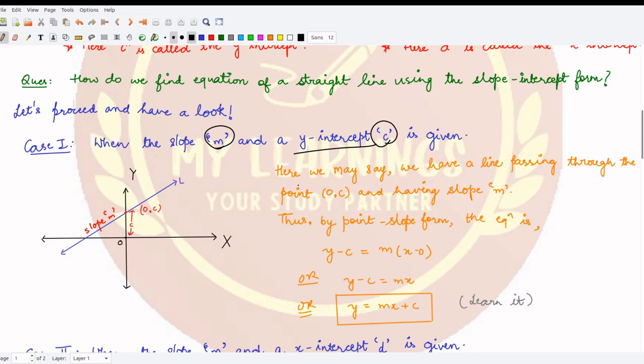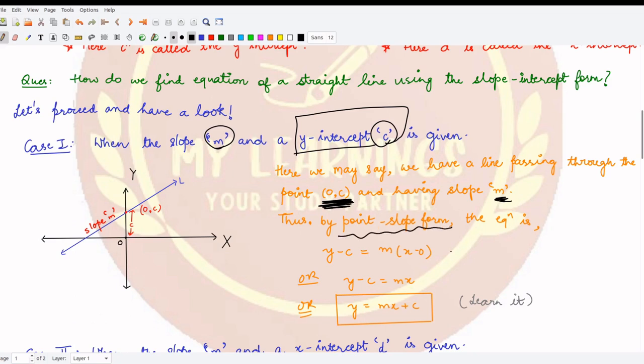So you see, for this y-intercept c, you can write down the coordinates of the point as (0, c), as we have seen previously, and the slope. So basically you can conclude from here that we have a slope and we have a point. So you can use the previously studied form, point slope form, where you have one point and one slope.